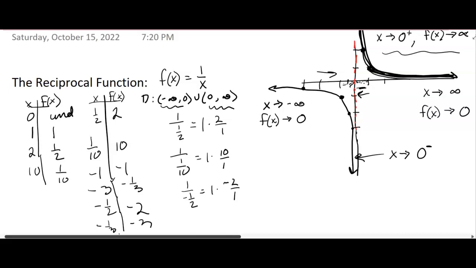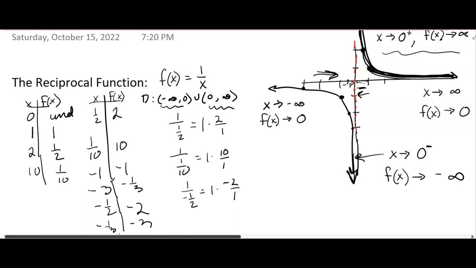It's not an exponent or anything. It's just a superscript telling you which way you're going on the x-axis. You're going towards 0 from the left. So this way. As x approaches 0 from the left, f of x approaches -infinity, right? Because this is going off toward -infinity. Okay, that's what the graph of the reciprocal function looks like.